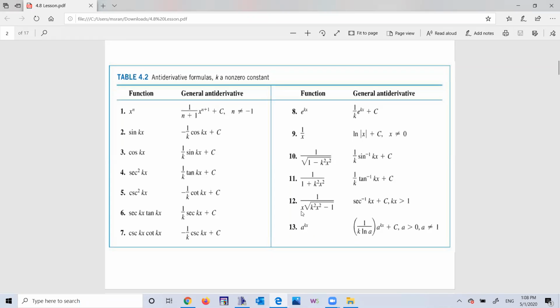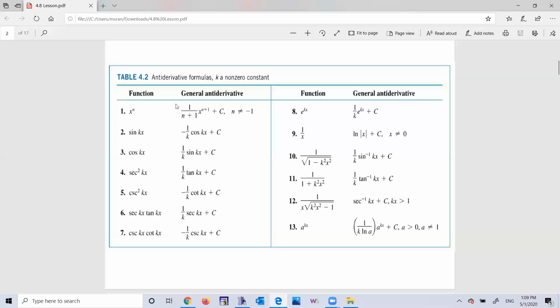So for example, if I'm asked to find the antiderivative of an expression that looks like number 1, x raised to some number, what formula am I going to use to write down the antiderivative of x raised to some number? I'm making reference to number 1.